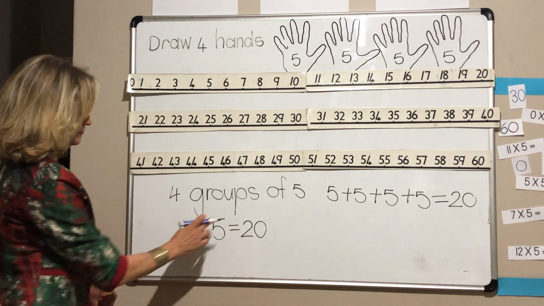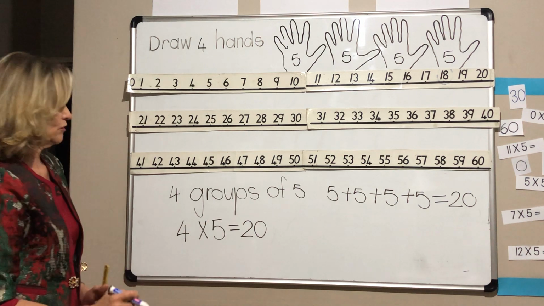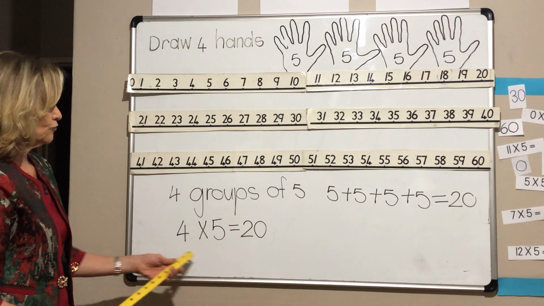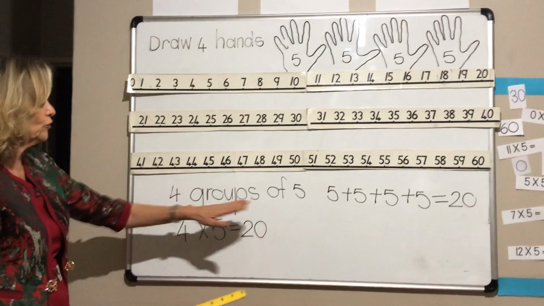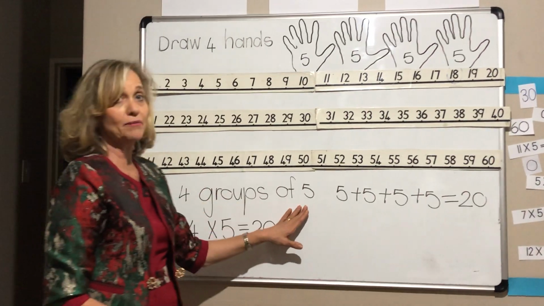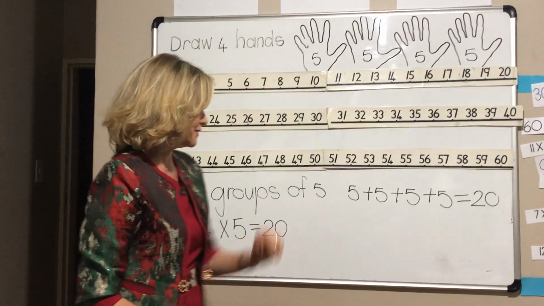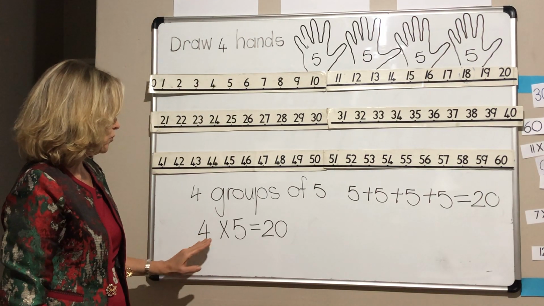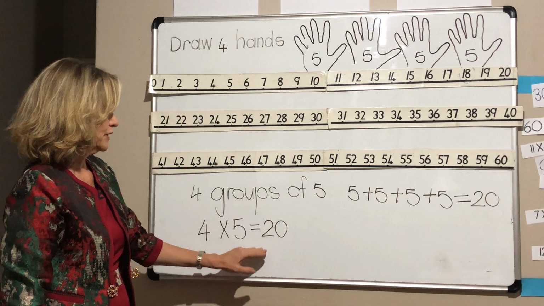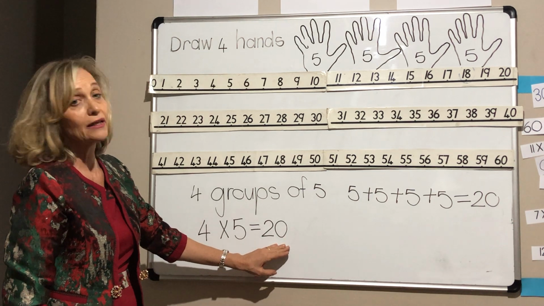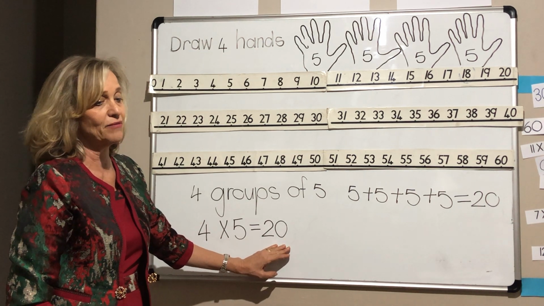And there we go. Okay, so 4 times 5 is 20. So 4 groups of 5 means the same as 5 plus 5 plus 5 plus 5, which means the same as 4 times 5 equals 20. These are all in the same family.